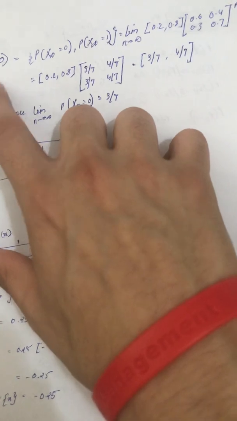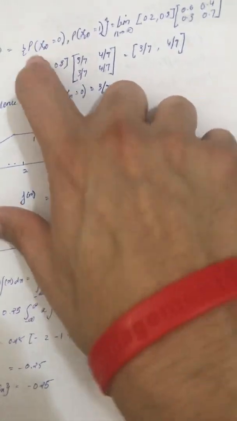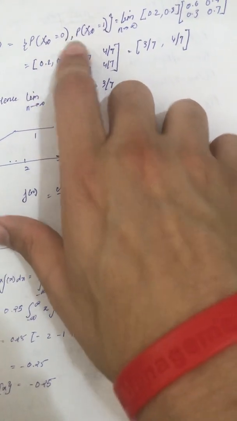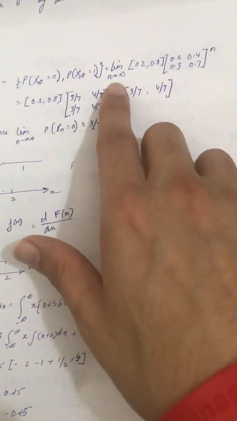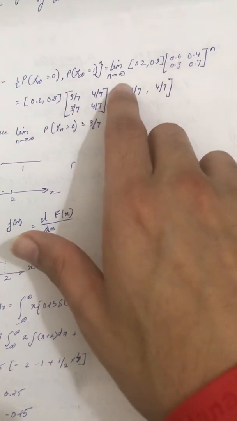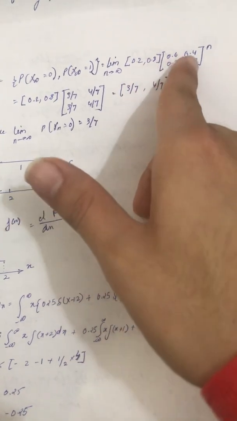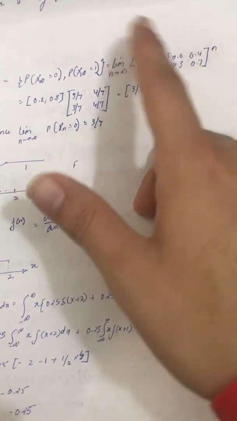For the fourth part, we need to find the limit as n tends to infinity of the probability of xn equal to 0. For that, we have the vector of the probability of x infinity equal to 0 and the probability of x infinity equal to 1, which is the limit as n tends to infinity of (0.2, 0.8) times the matrix (0.6, 0.4; 0.3, 0.7) to the power n.